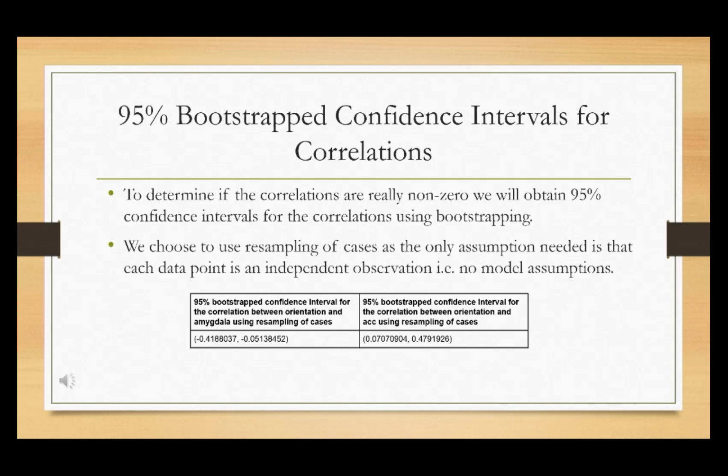As we can see, neither of the 95% confidence intervals overlap with 0, and thus at the 5% significance level, we can say that both correlations are non-zero. We also see that neither correlation is very high when we take the absolute value of the lower and upper bounds respectively.